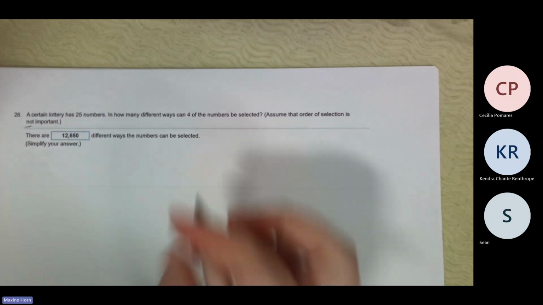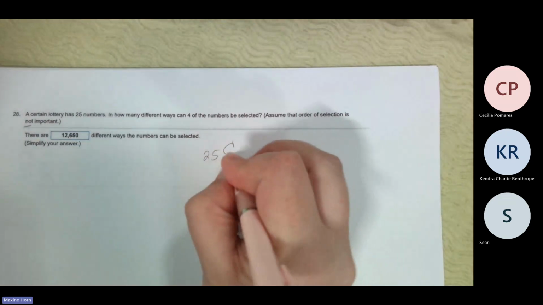And the last question is number 28. A certain lottery has 25 numbers. How many different ways can 4 of the numbers be selected? Order is not important. Again, not important means it is a combination. So there are 25 numbers to choose from, and we are choosing 4 of them.